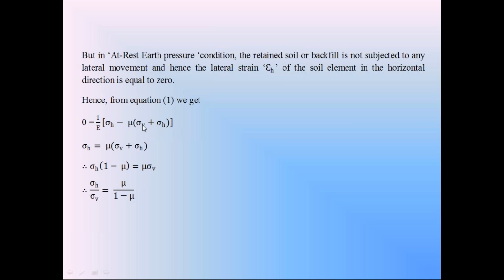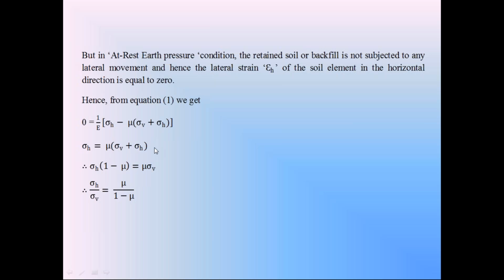From this equation you will get sigma h minus mu into sigma v plus sigma h is equal to 0. So sigma h is equal to mu into sigma v plus sigma h.